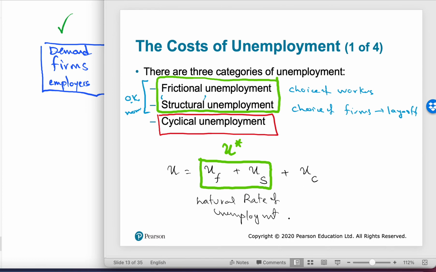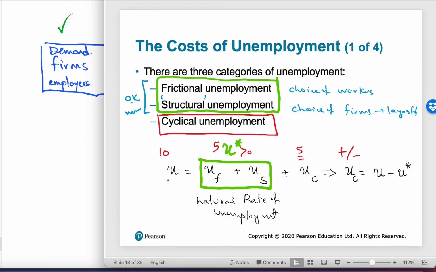What is left over? We can conclude that cyclical unemployment is actual unemployment minus the natural rate of unemployment. This can be either positive or negative, whereas these two are always positive, non-zero. So if we have 10% actual and 5% is natural, we have 5% as cyclical unemployment.